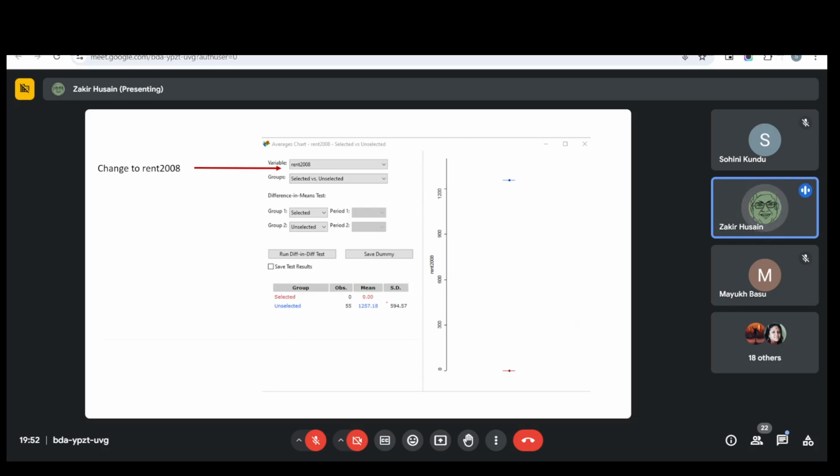And unselected means the entire data set. It is 1,257. It is given in the chart over here by this red. So 1257 corresponds to this bar. So you have the mean, the value, and the confidence intervals.